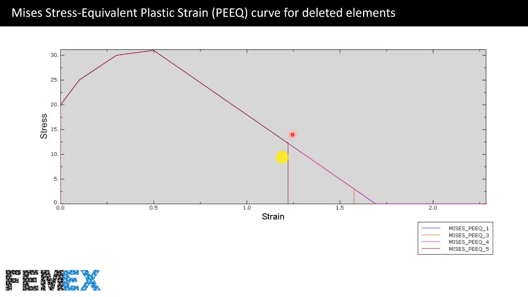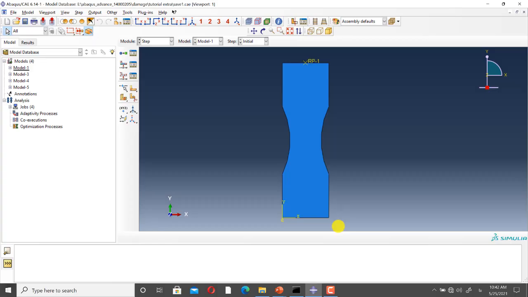You can see the effect of max degradation value on the results. And I want to show you all of these curves in the visualization module of Abaqus CAE.